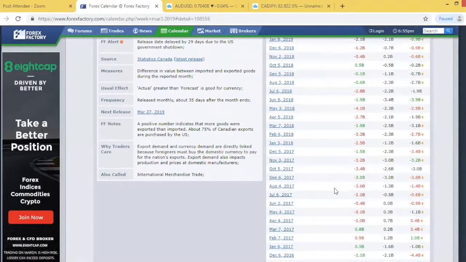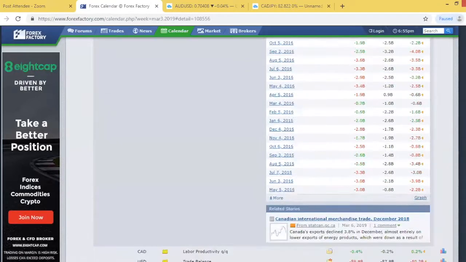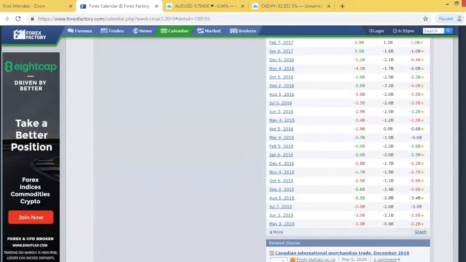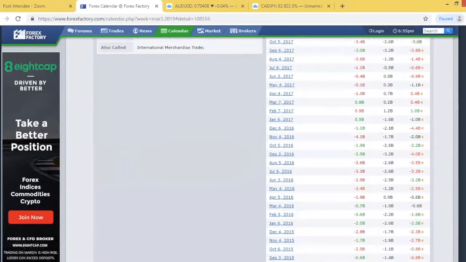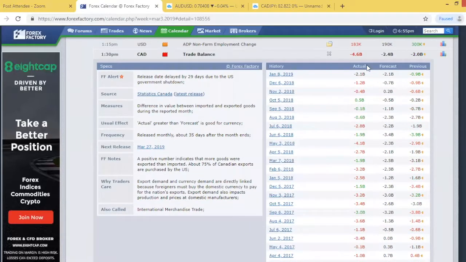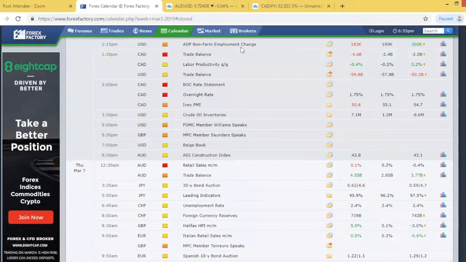That is, guys, one of the worst figures that I think I've ever seen for Canadian trade balance data, especially going back even as far as 2015. We haven't seen data this bad for trade balance data for the Canadian dollar. And this is what we were speaking about as well with the Canadian dollar.